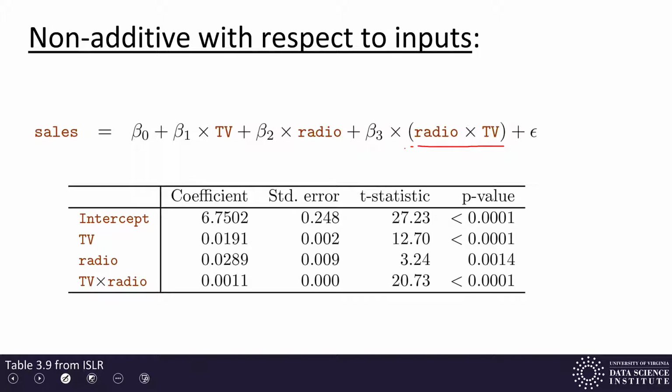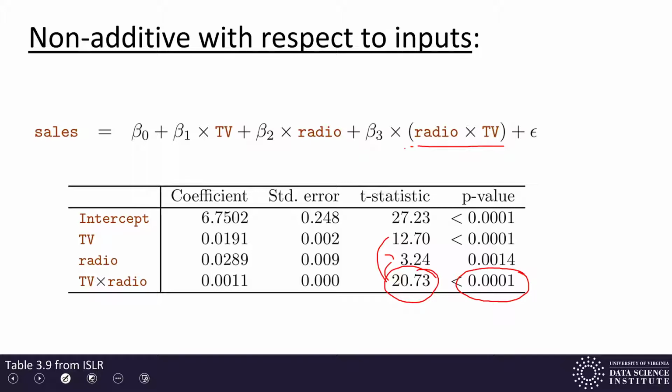You'll notice we have our three different variables: TV, radio, and TV times radio. Significantly, the T statistic for TV times radio is quite large in comparison to the T statistic for the other variables. And the p-value tells us that this new independent variable that we've created, TV times radio, is significant.